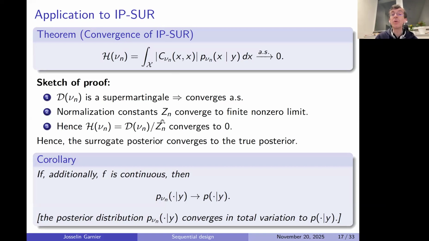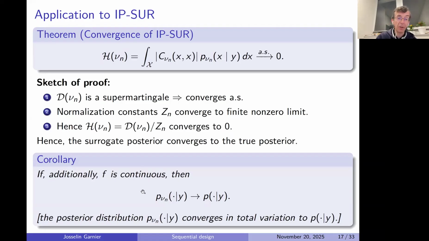In particular, you have to restore the convergence of the normalizing constant, but this one is not a big deal because you can show that the normalizing constants converge to a finite non-zero limit, so it does not perturb the convergence of the supermartingale after dividing by Z_n.